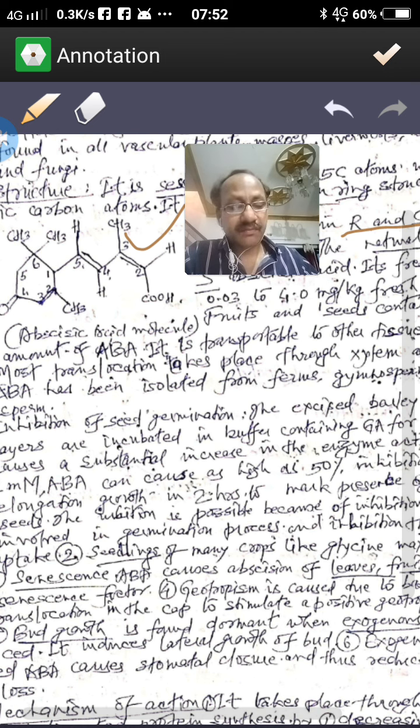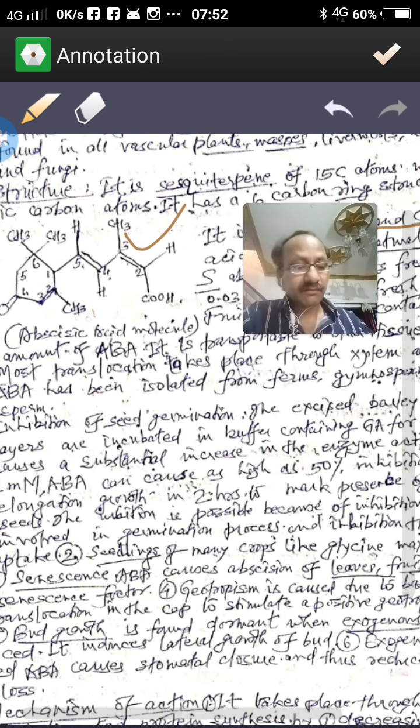About 1 mM abscisic acid can cause as high as 50% inhibition of the elongation growth in 2 hours. Elongation is inhibited.